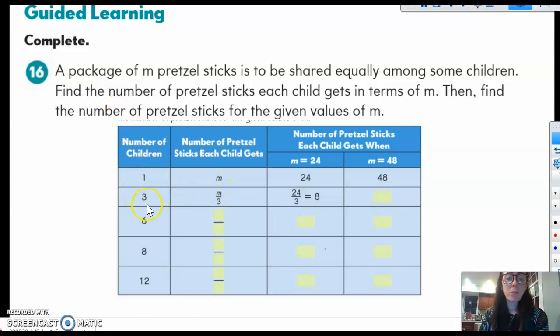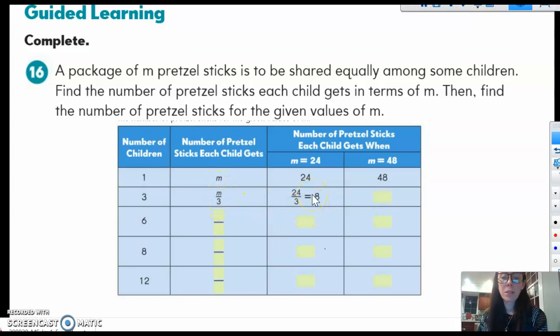So if I have 3 children and I don't know the number of pretzel sticks that each child is getting, so I'm using my variable of m, I'm taking m, my number of pretzel sticks, and I'm splitting that up equally amongst the 3 children. So I have m divided by 3.